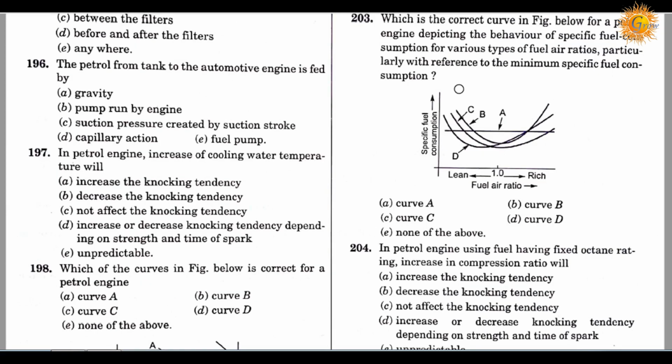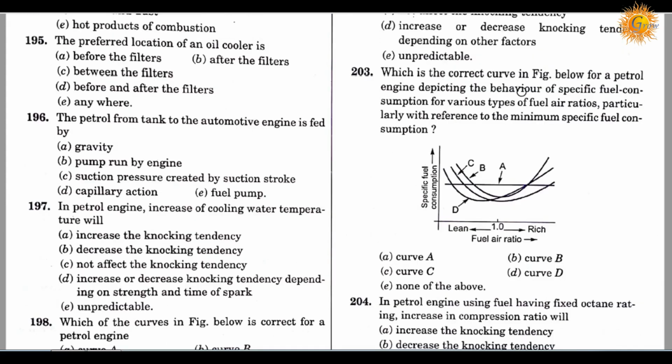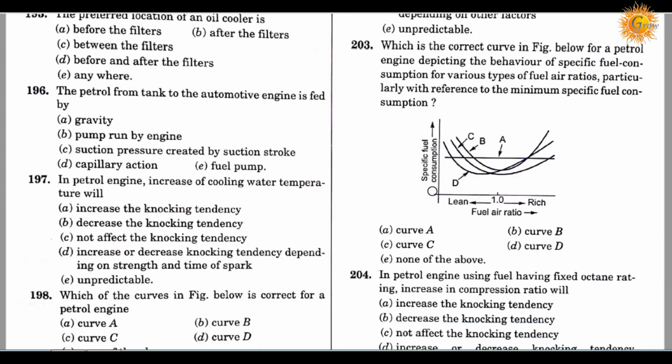In the figure, the vertical axis is specific fuel consumption and the horizontal axis is fuel-air ratio. Option A curve A, option B curve B, option C curve C, option D curve D, and option E none of the above. So the correct answer is B. Sorry, it will not be B actually, it's curve D. For minimum specific fuel consumption, it will be curve D.